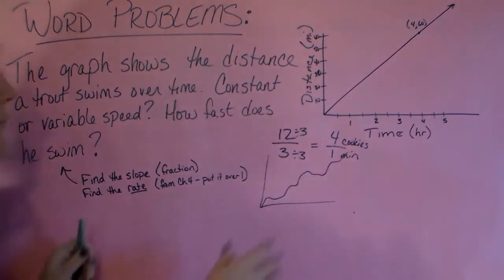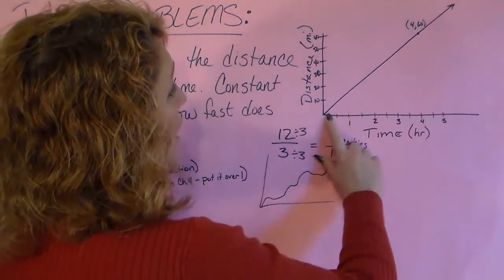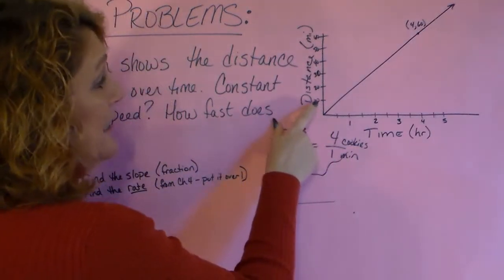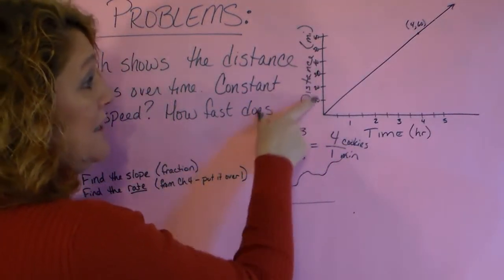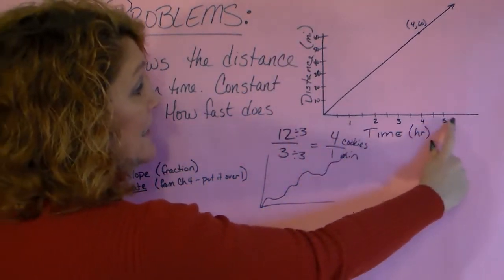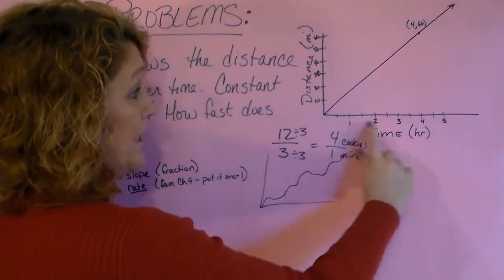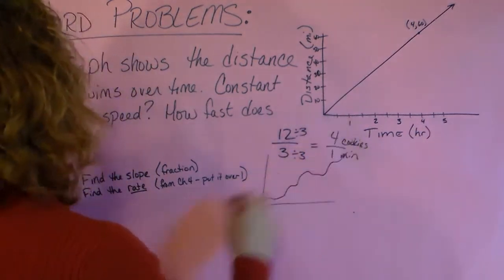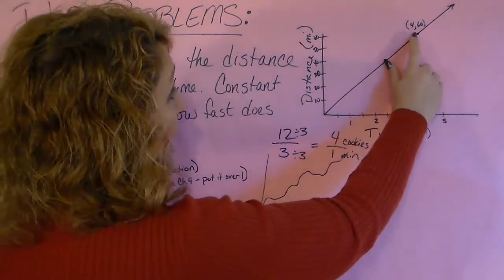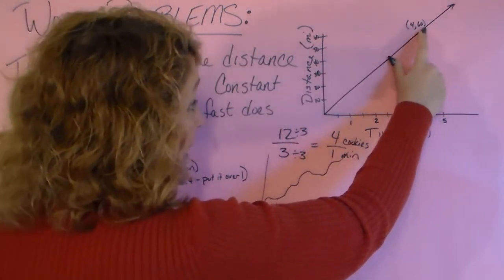So here we have our graph. And these are distances in miles in increments of 10. And then these are hours. Our time is in hours in increments of 30 minutes. How fast does he swim? Well, we know one point on our graph is 4, 60.